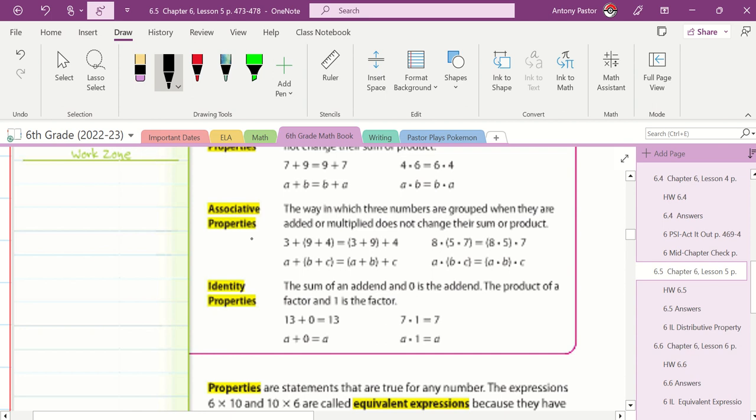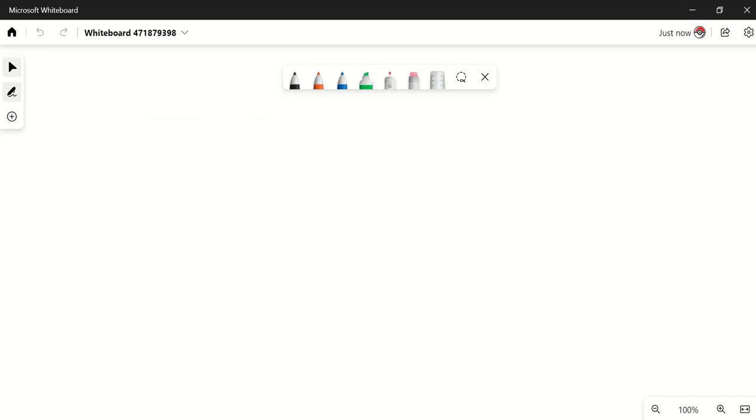The associative property. The way in which three numbers are grouped when they are added or multiplied does not change their sum or their product. So the associative property is related to the commutative property, but in this case, we are talking about 3 different numbers. The order in which addition and multiplication happens with 3 numbers also does not matter, and that is the associative property.